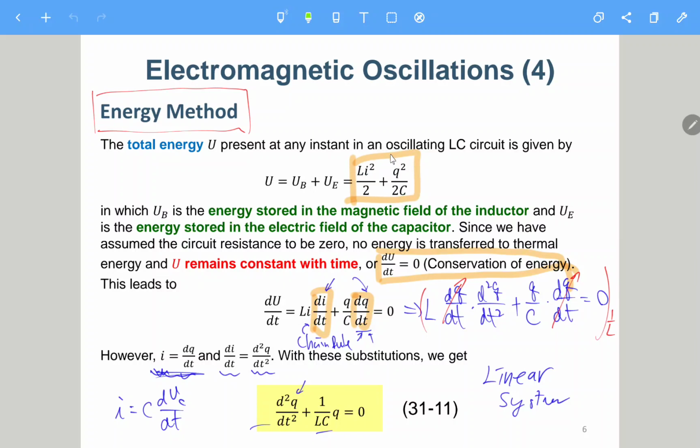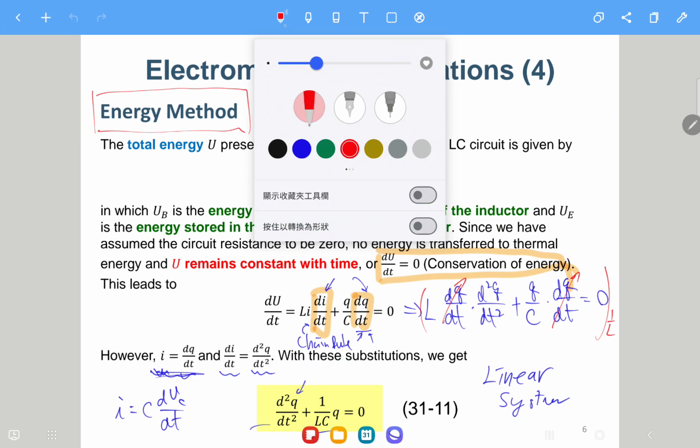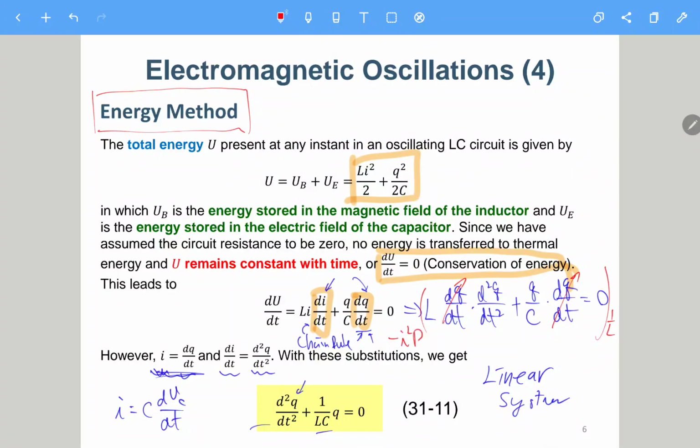Okay, if you can derive this one to here, actually this one is L i di/dt plus Q over C dQ/dt equals negative I squared R. Then you can see, dQ/dt is I, so one of the I cancels, and for that one we have a negative I squared R. So one of the I cancels, this dQ/dt cancels, and then this I cancels.